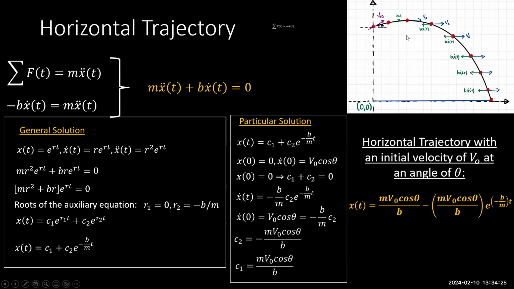In the upper right corner, we have our velocity denoted by Vx and our drag by the drag coefficient times x dot. Like I said, for the horizontal trajectory, this was very easy because our object is always flying forward, meaning drag is always in the negative x direction.